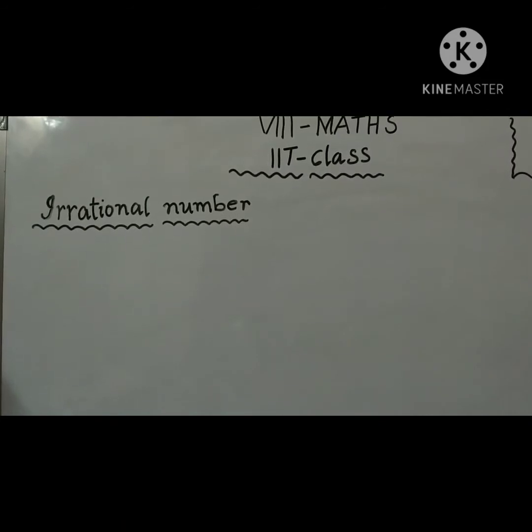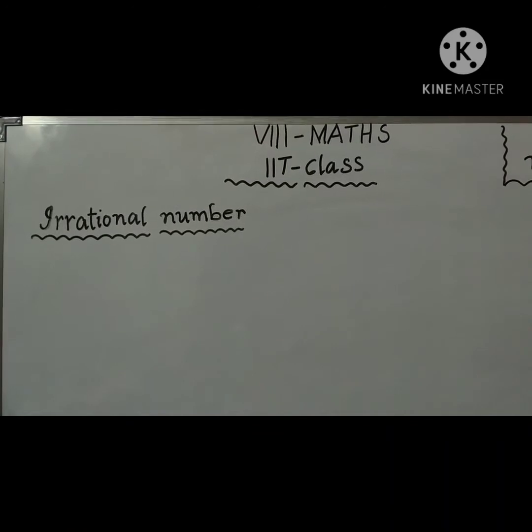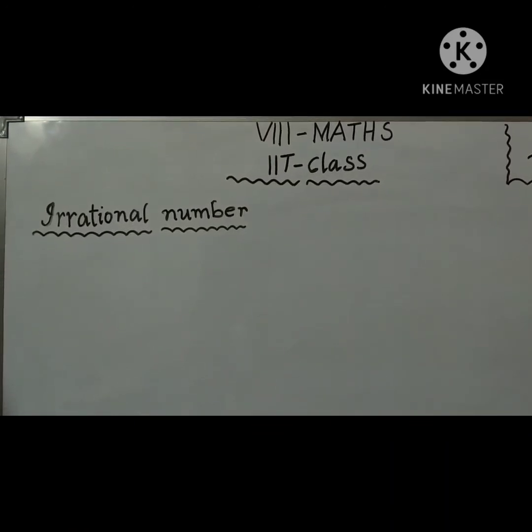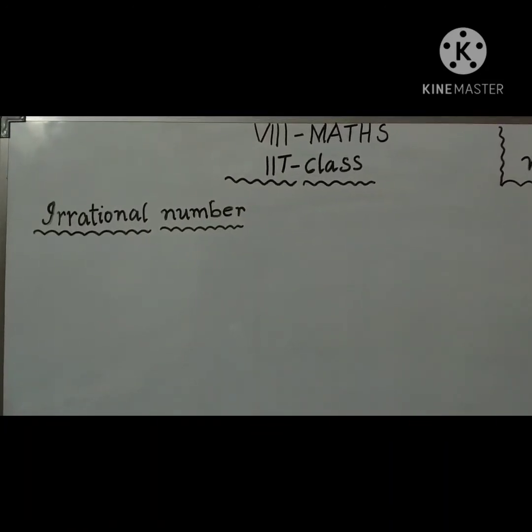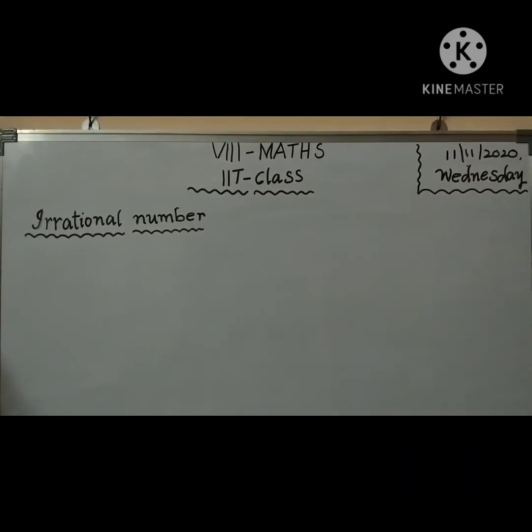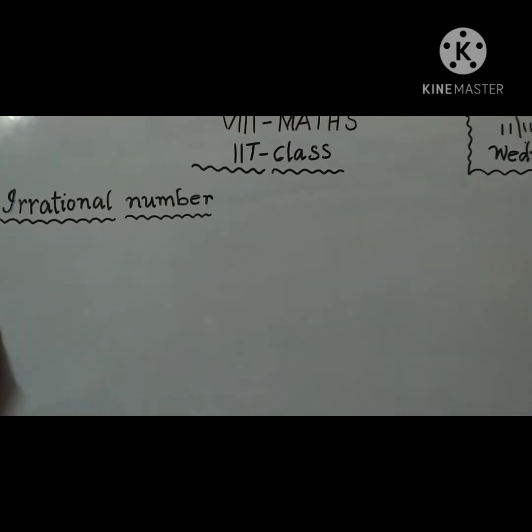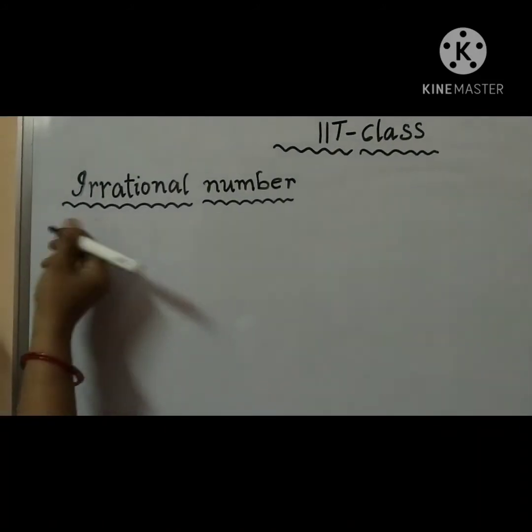That is called a rational number. In the case of irrational numbers, we cannot express them as a fraction. Okay children, what is the definition of an irrational number?